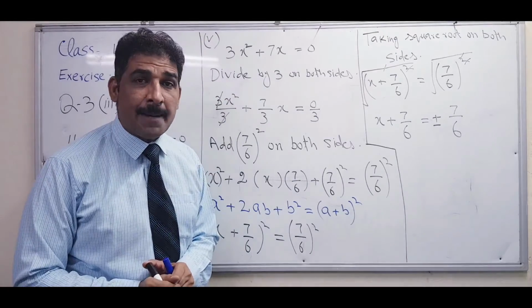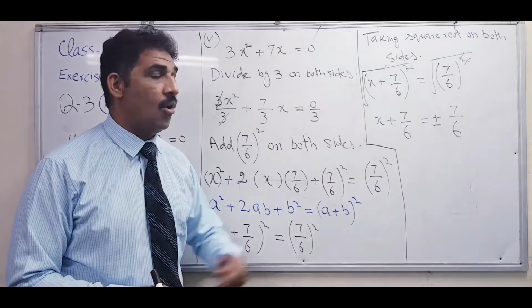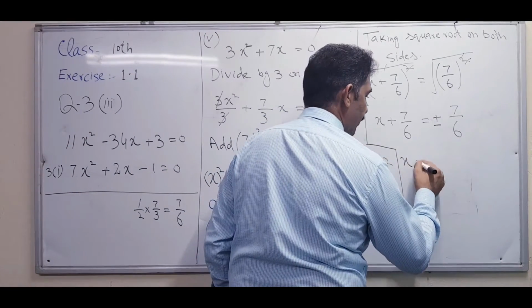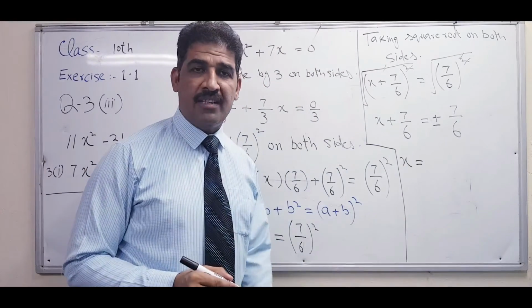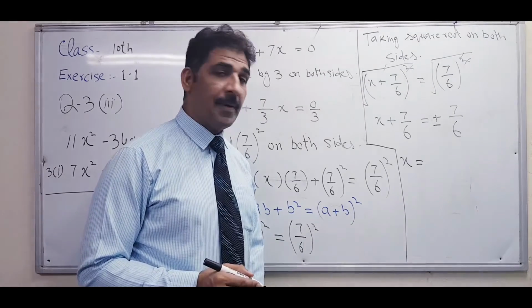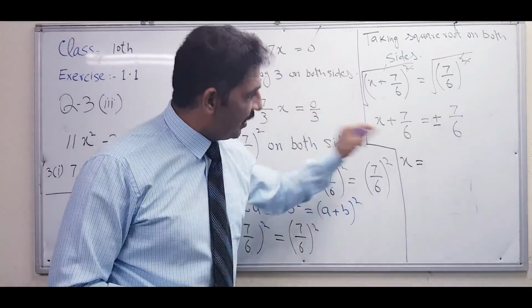So what is the next step? Make x single on the left hand side. Good. Shifting to the other side of the equal sign, what changes? Subtract or multiply? Subtract. Why? Because it is plus on the left hand side.